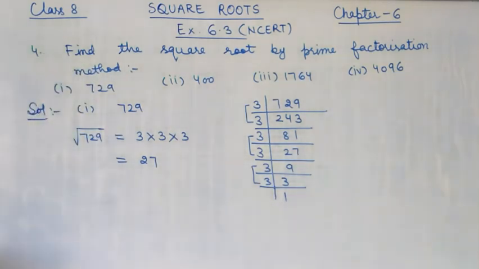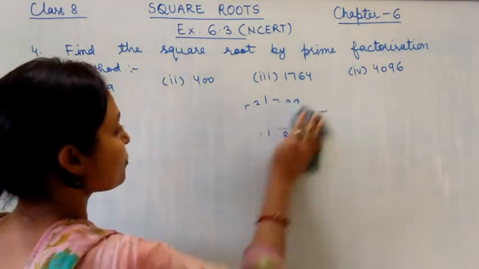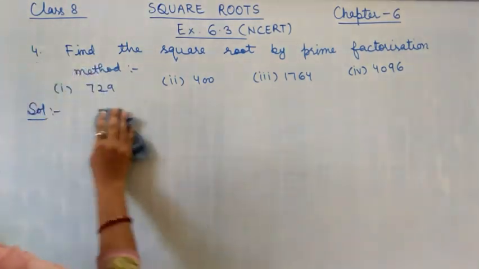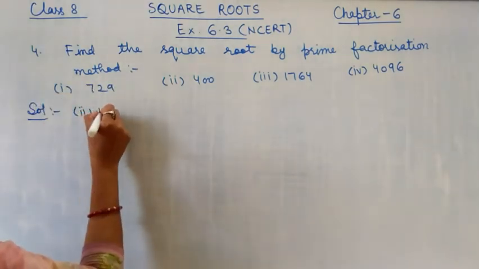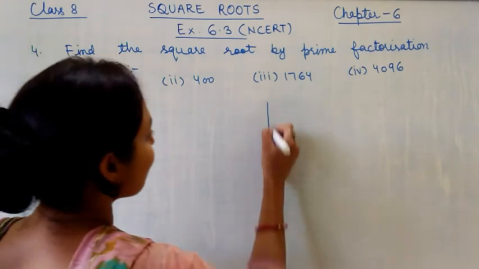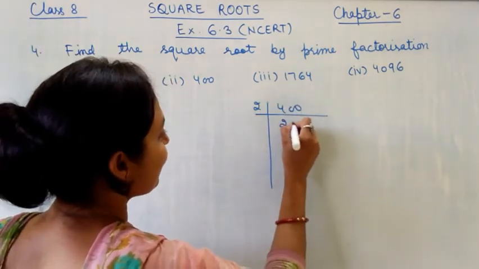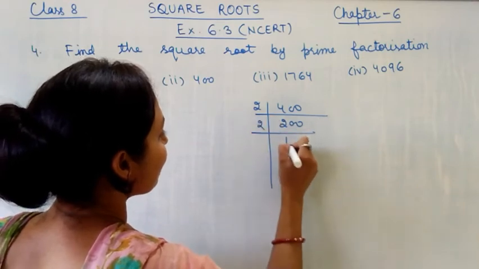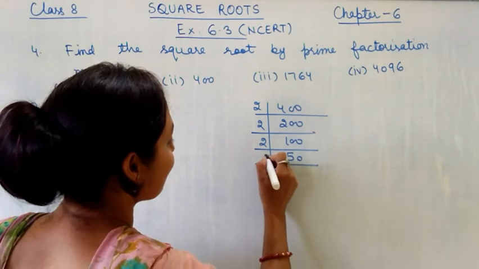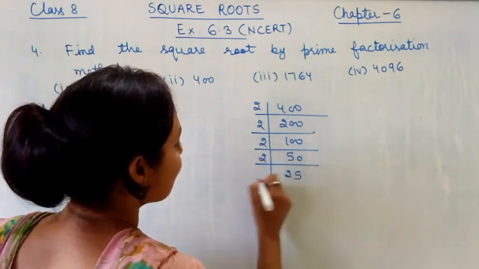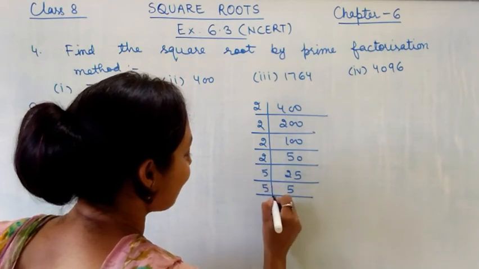Now come to the second question. Second is 400. How can you find the square root of 400? By using prime factorization I will find the prime factors of 400. It is divisible by 2: 200, then 100, then 50, then 25, then 5 5s are 25, 5 1s are 5.